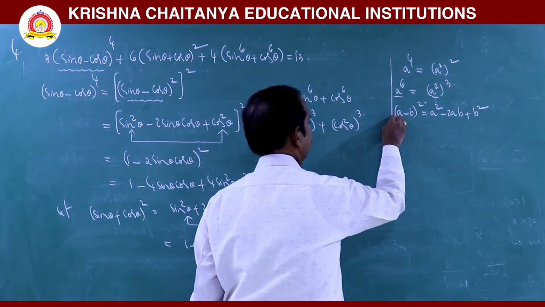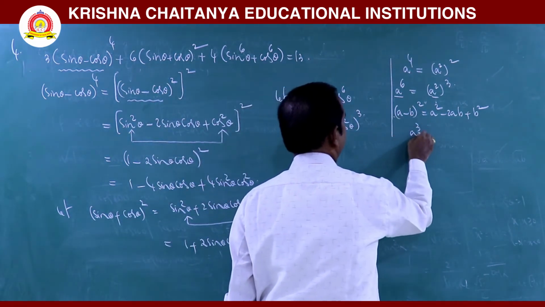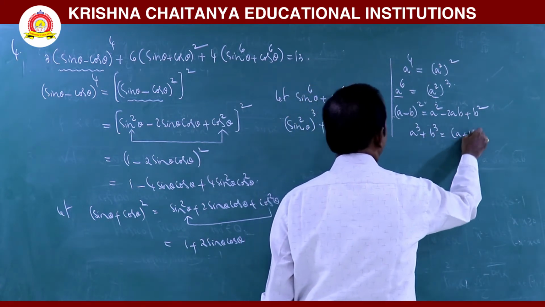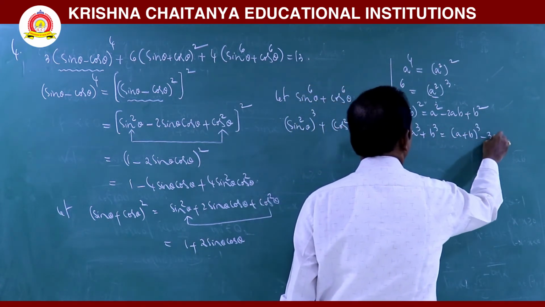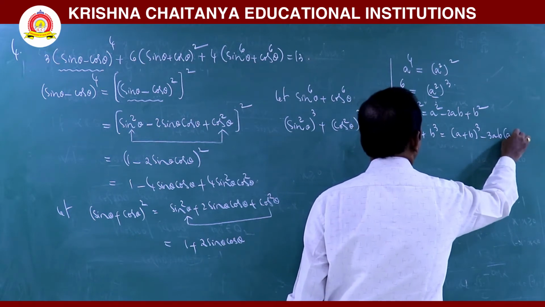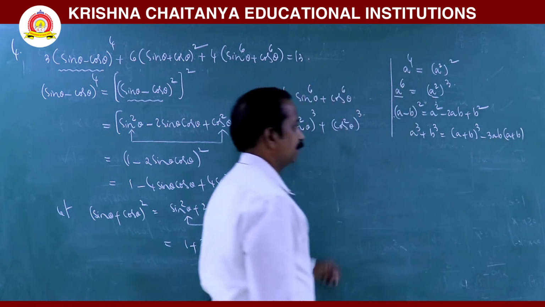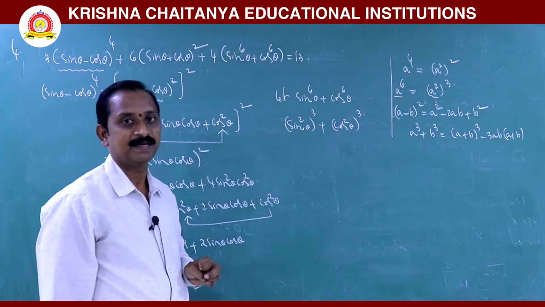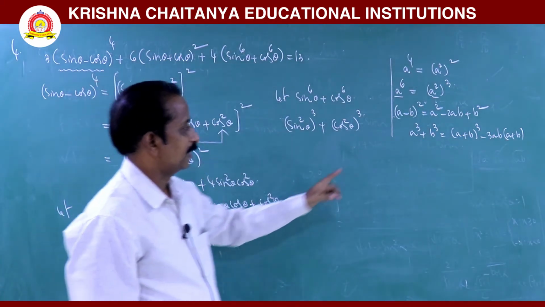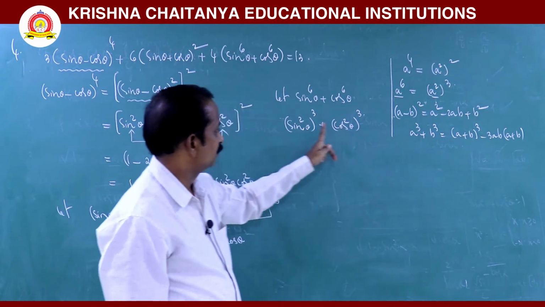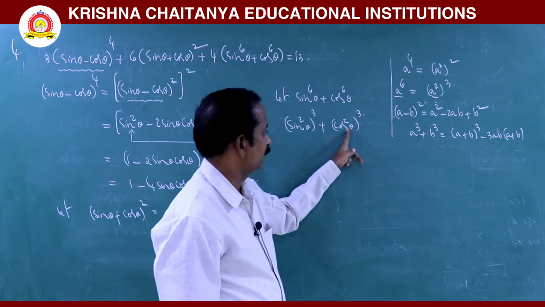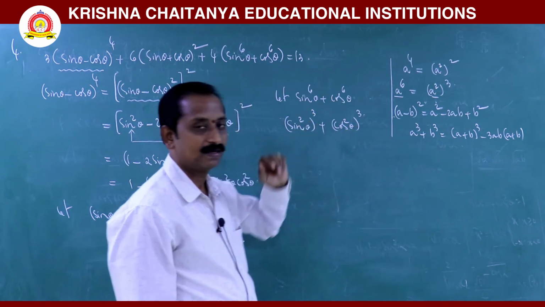So what is a cube plus b cube? We can write (a plus b) whole cube minus 3ab into (a plus b). Comparing with this, instead of a take sin square theta, instead of b cos square theta, and apply that formula.